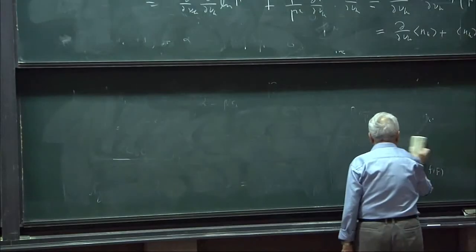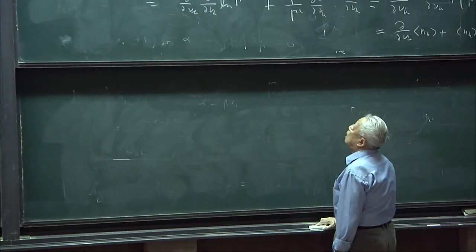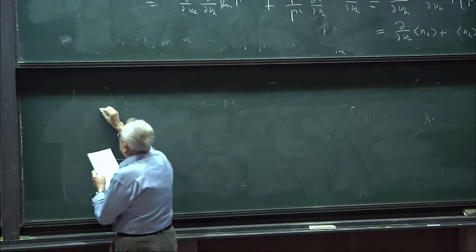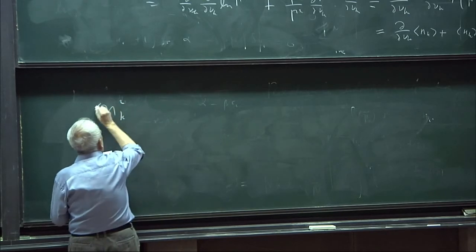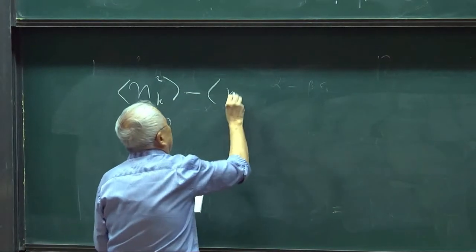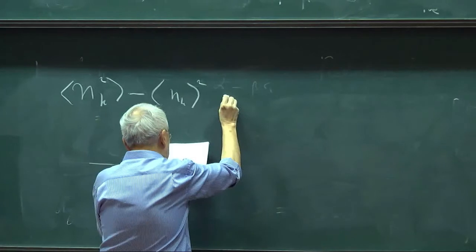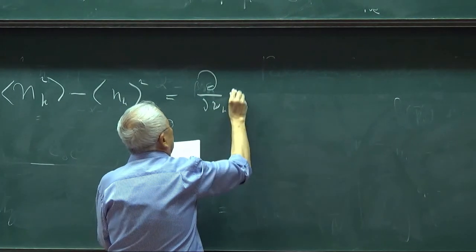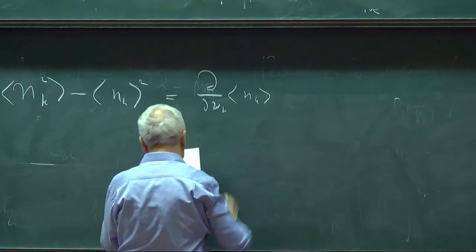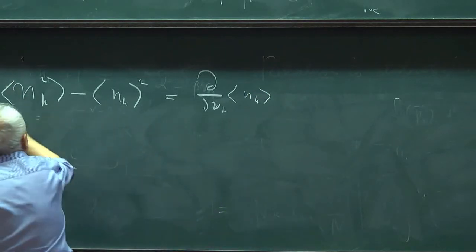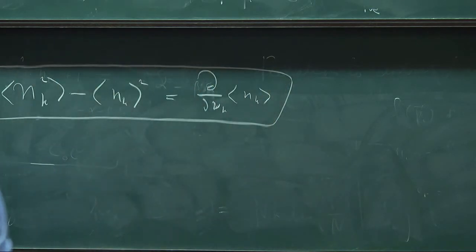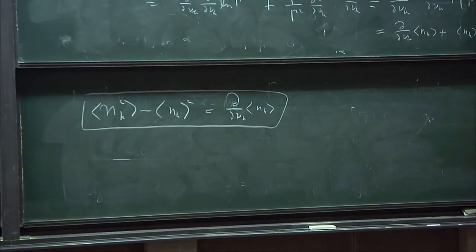And therefore, you have a formula for the fluctuation. I just bring this to the other side, and I get nk squared average minus nk average squared is equal to d by d nu k of nk. But nk is a Maxwell-Boltzmann distribution, so we can do the derivative.